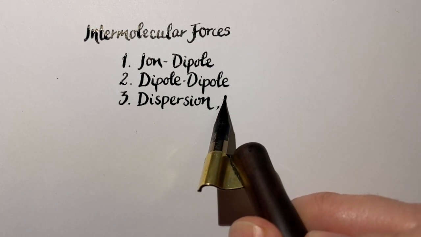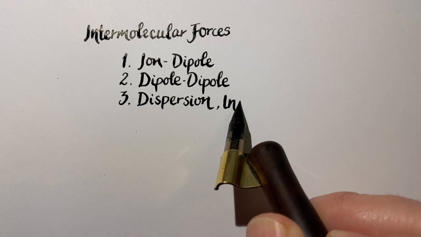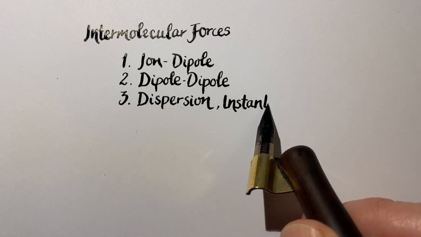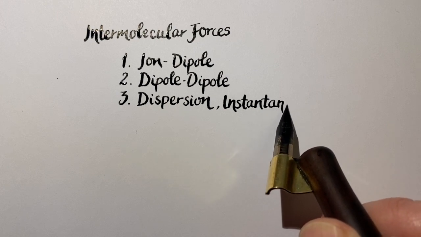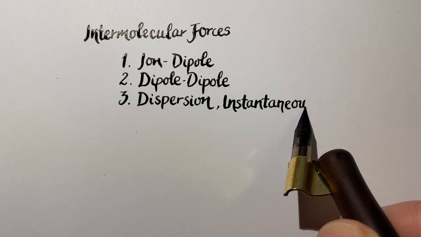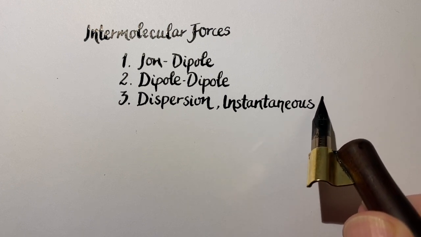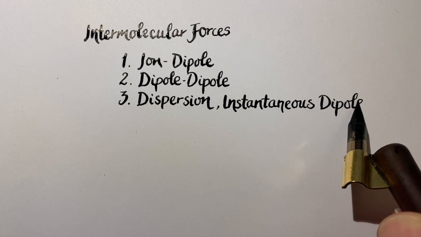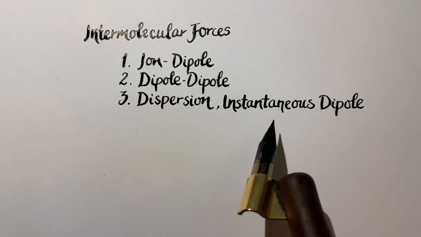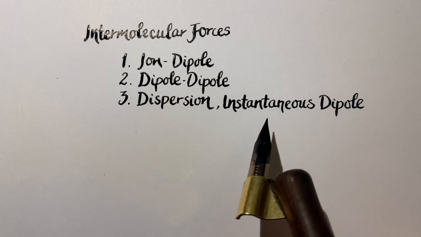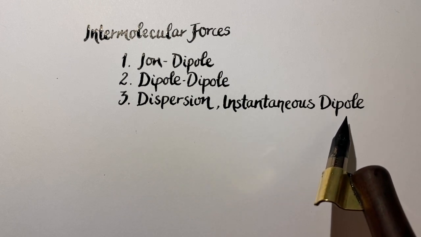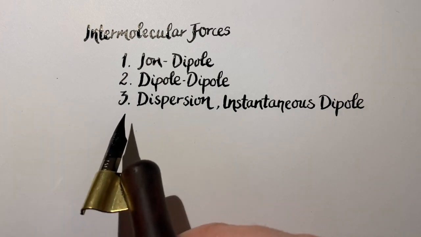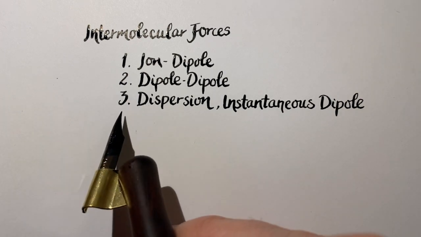Sometimes it's called Instantaneous Dipole. You also sometimes hear the term van der Waals forces. Those are a little bit different than these, but it's a similar idea. Let's give those 2 names.